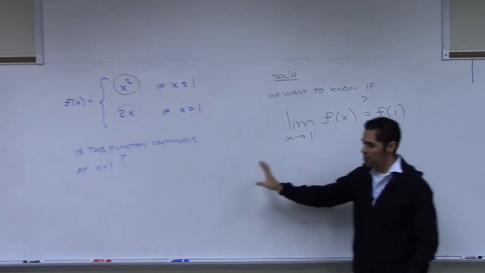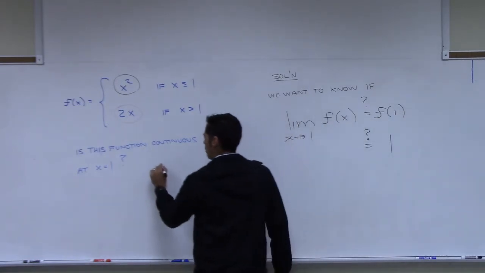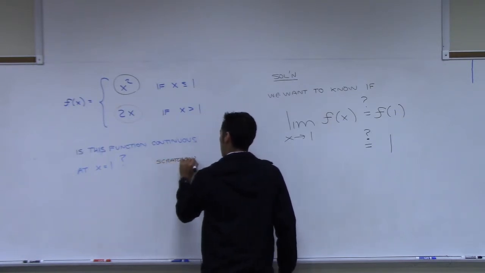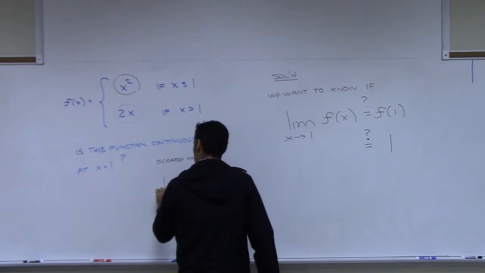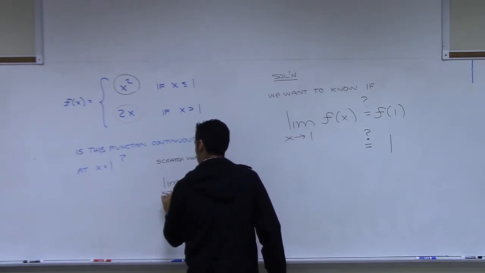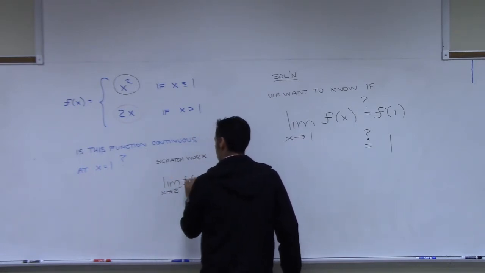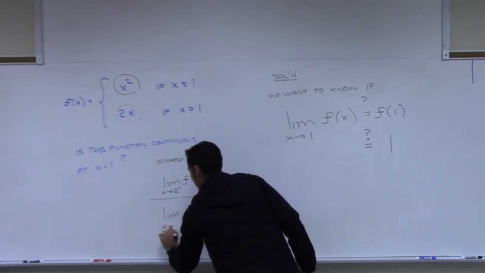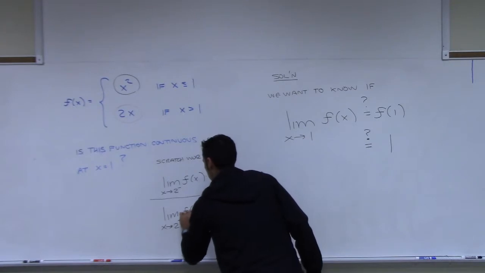So on this side, I'll do a little scratch work. I'm going to check what the limit as x approaches 2 from the left of this function is. And then I'm going to check what the limit as x approaches 2 from the right of this function is.